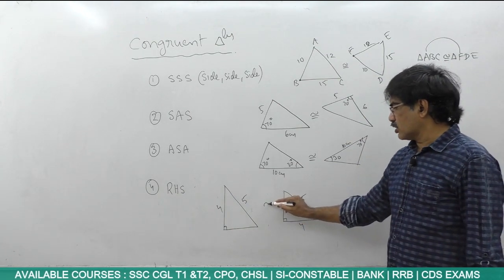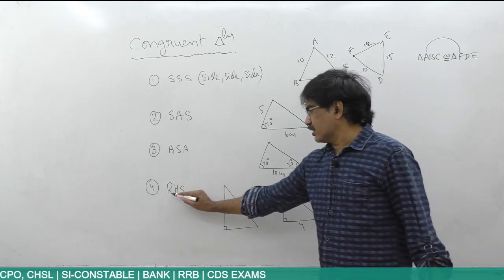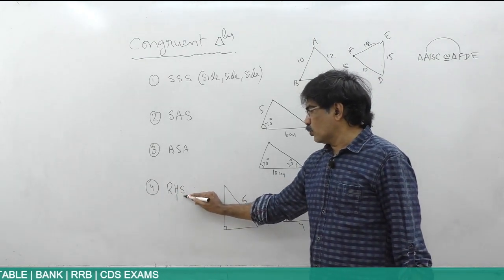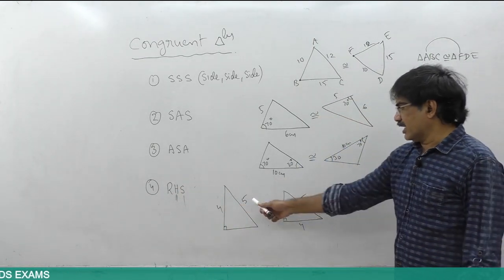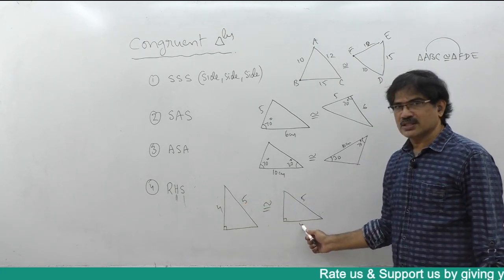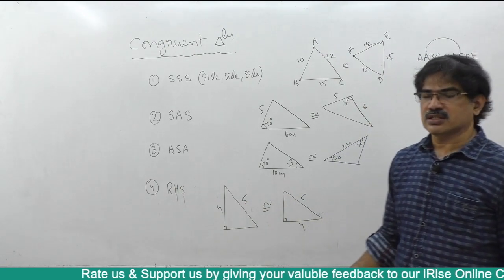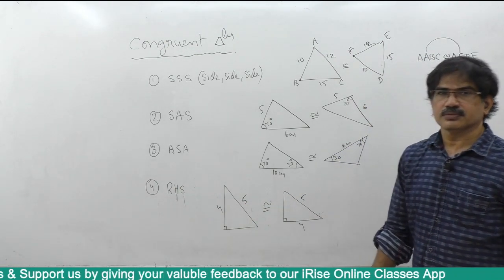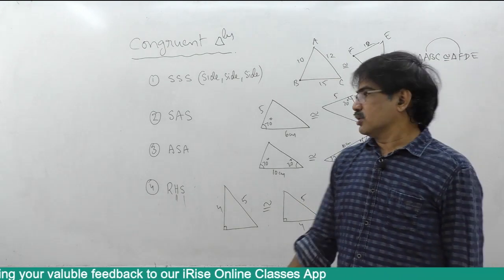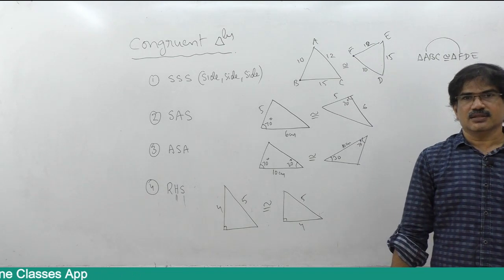We say that these two are congruent. In two right angle triangles, if hypotenuse and one side of one triangle are equal to hypotenuse and one side of the other triangle, we say that the two right angle triangles are always congruent. So these are four important properties of congruency.